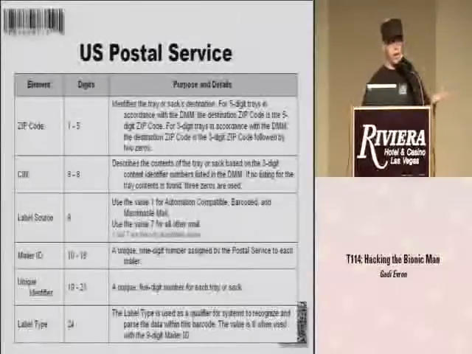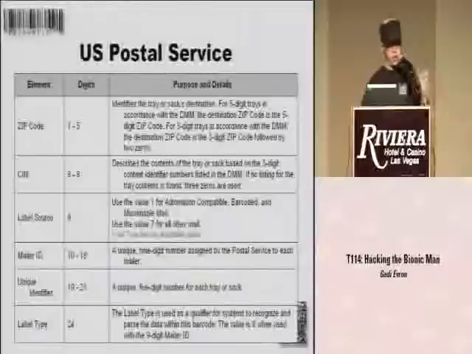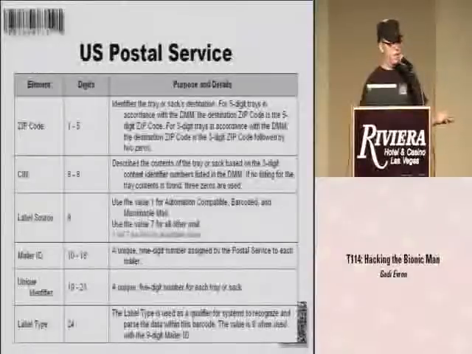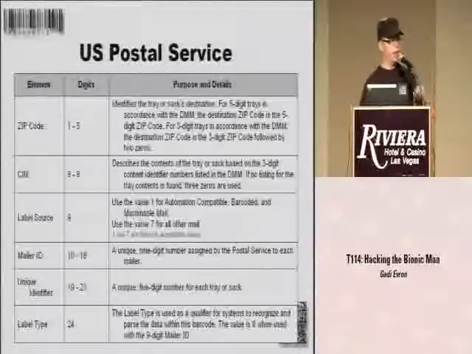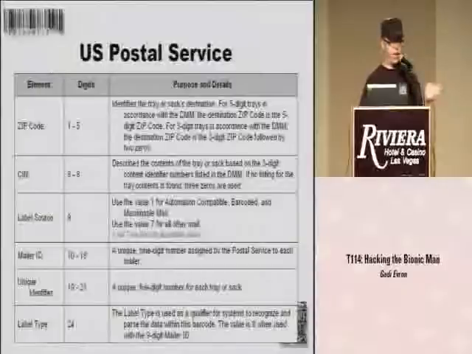You have a mailer ID, which is unique, and I'm coming to that in a minute, and a unique identifier for the shipment. And you have a label type, and that is about it. I don't see any authentication. I don't see any way you can prove that this is your mail or this wasn't your mail.